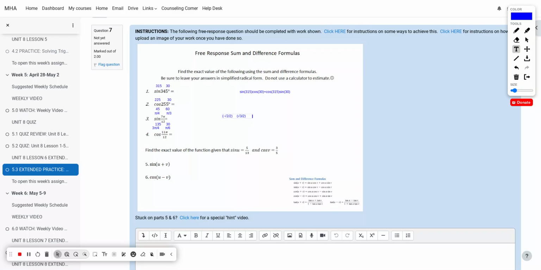And then cosine 315, I get positive square root of 2 over 2. And then lastly, sine of 30, I get a nice, easy 1/2. So that's great. Move them under each of their corresponding labels, and I get that.